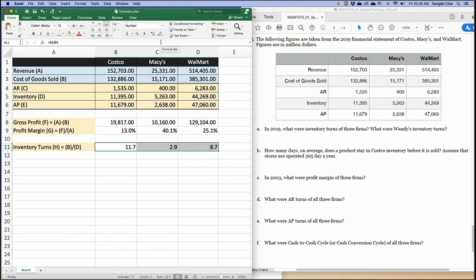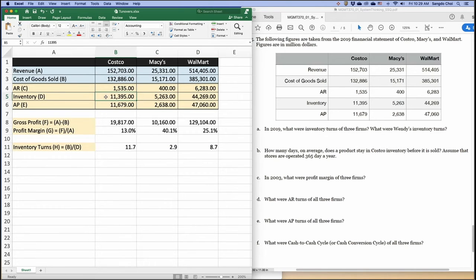12 cycles means they keep 1 month of inventory. Macy's has 3 cycles per year, which means they keep 4 months of inventory. Walmart has almost 1.5 months of inventory. So inventory sizes are different. It's not simply the total amount of inventory.